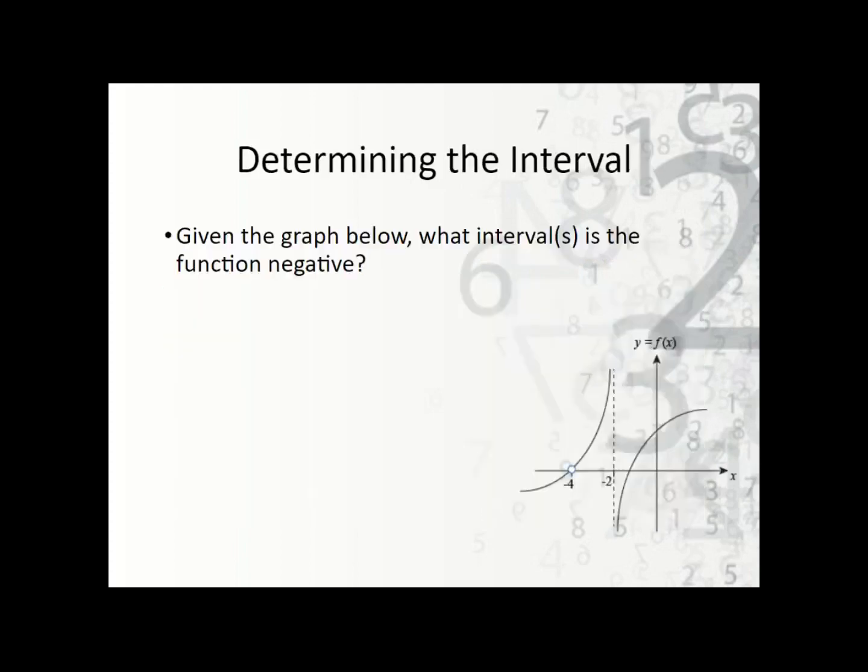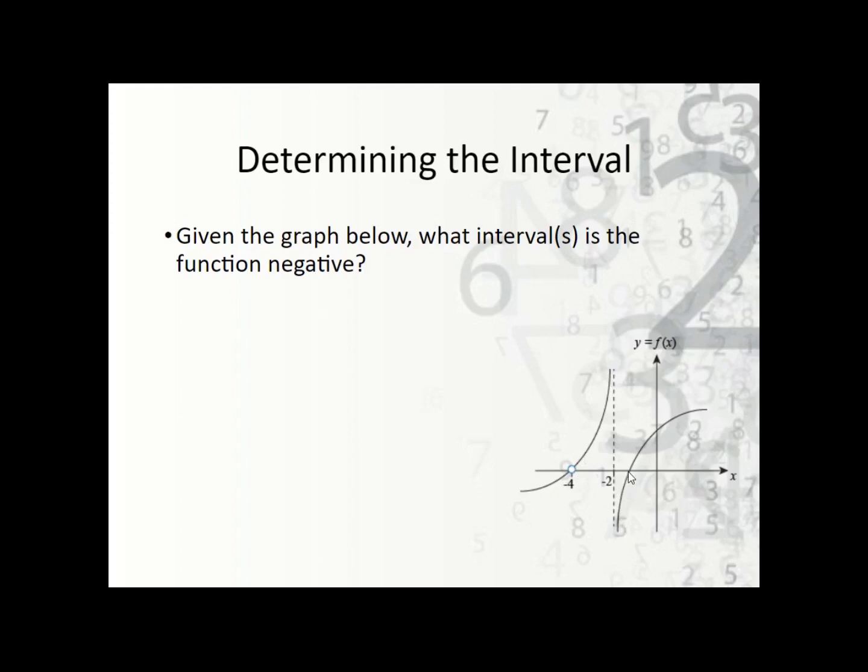So now how do we determine where an interval is positive and negative? Well, if we look at this graph here, it is negative from negative infinity all the way up until it gets to negative 4. And then it becomes positive after that. Now, over on this side, we have it being negative from negative 2 all the way until this point here.